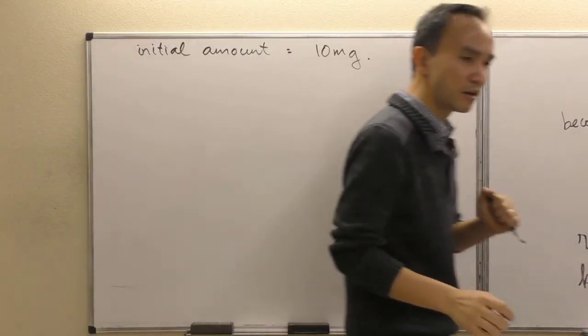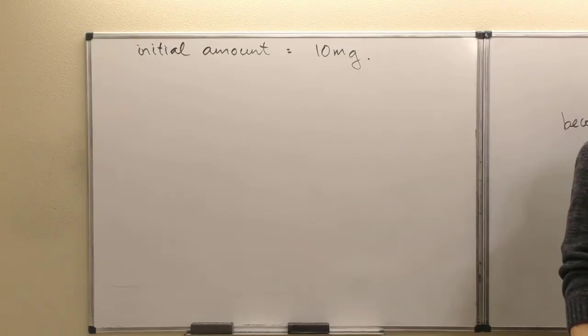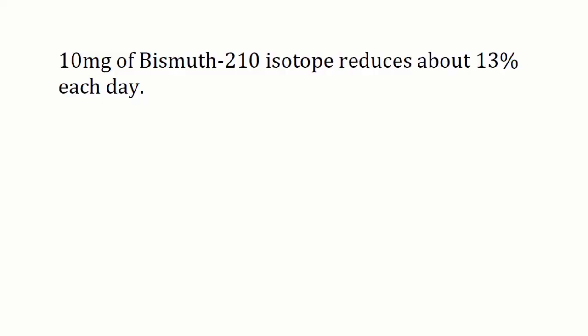Again, let me bring the wording up on the computer screen. The wording says 10 milligrams of bismuth 210 isotope reduces about 13% each day.